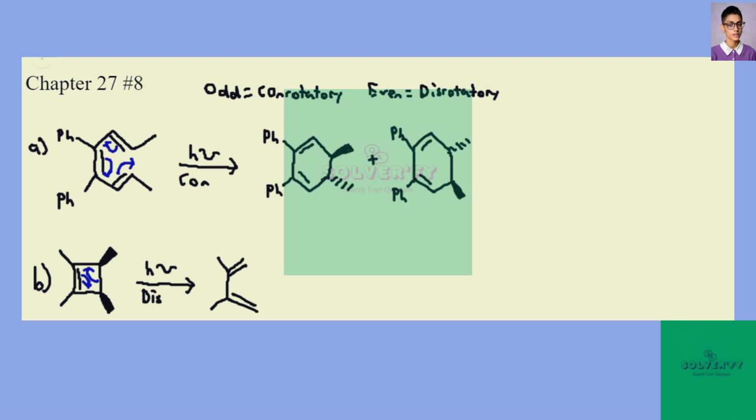So they could both rotate, if you want to think of it as sort of out. That would end up giving us this product, and this product is going to be the EE product.